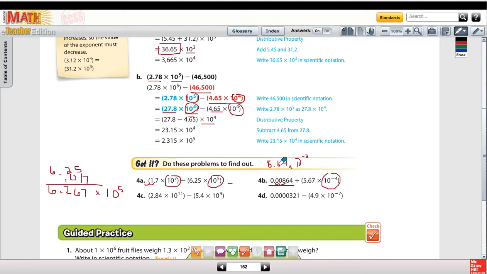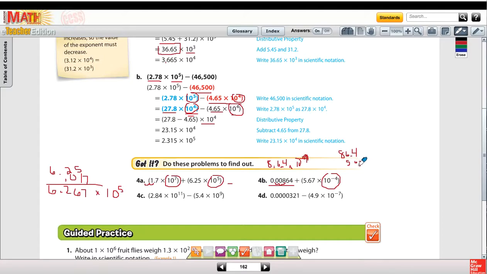If this is 10 to the negative 3, let's make that 10 to the negative 4, but we'll have to change our decimal place here. So it's currently right here, 8.64 times 10 to the negative 3. If we move that to 86.4, okay, so we have 86.4, and we have 5.67.